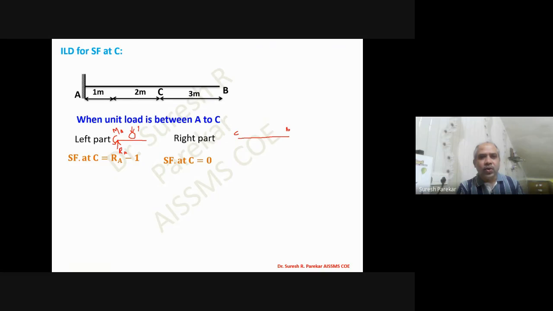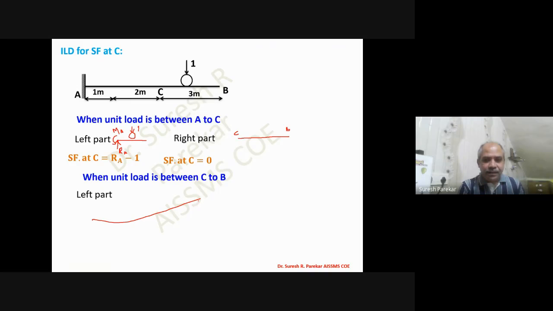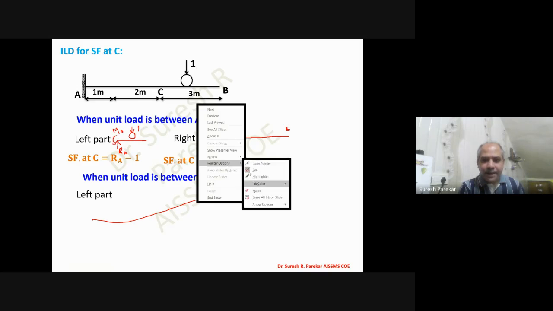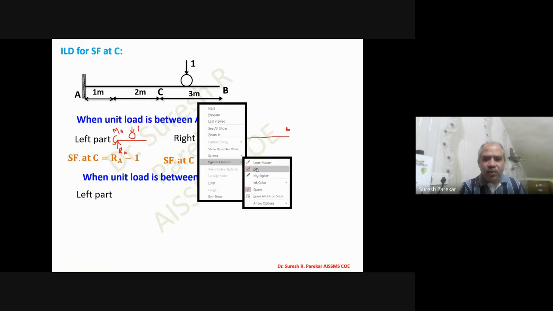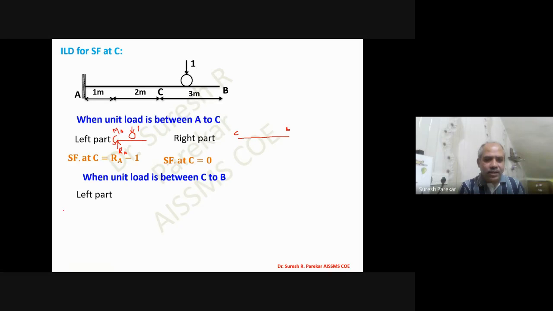Now if we go to unit load between C to B, then what will happen? Left part. So now you have C to B. In C to B, the unit load is in the right part. So here we have only reaction RA, and then here we have MA. MA will not be there in the equation of force.